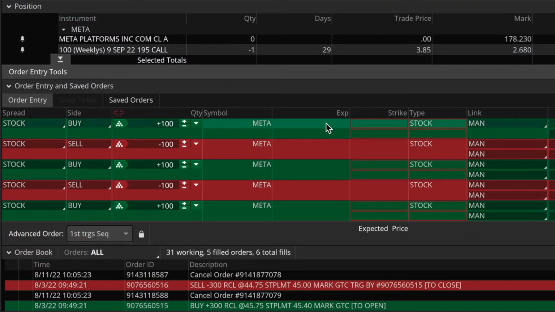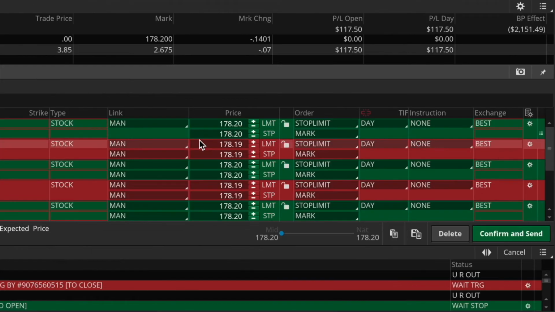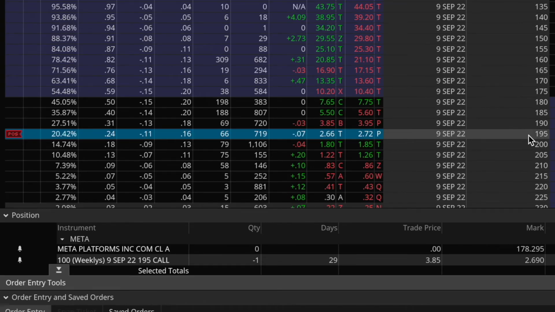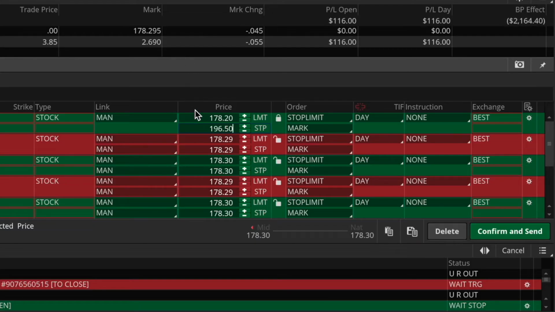But for example, with this first order here, which as you can see is a buy order to purchase 100 shares of stock, I'm going to set my stop price to be a little bit above my call strike. So I'll choose 196.5. So essentially that's $1.50 above my 195 call strike. And then for the limit price, I'll set that to 197.